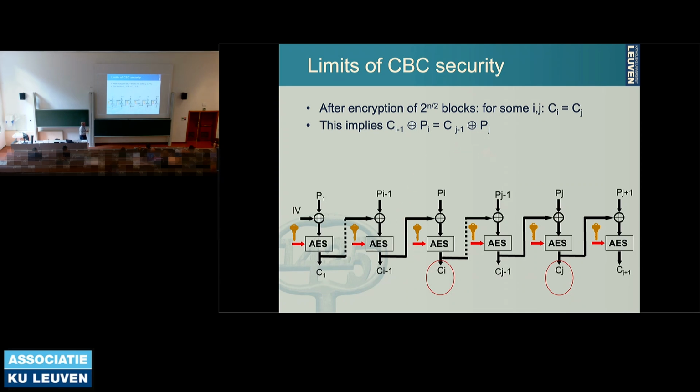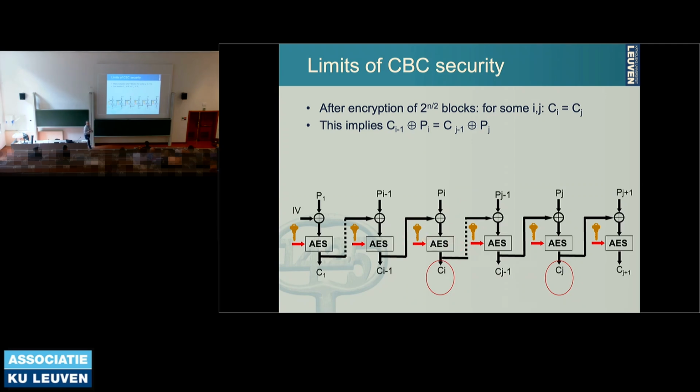And the thing is that if you encrypt slightly more than the square root of the blocks, then the number of collisions rapidly increases. So if you, for example, have 2 times this value, there will be many of these equations that you can write out, and very quickly an attacker can solve for the plain text without breaking AES or without recovering the key.